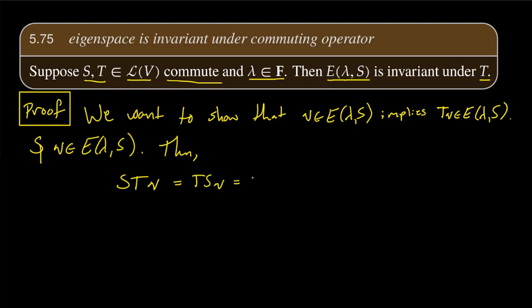Okay, but this is T(S(v)), just to be super clear, using some parentheses. But Sv, well, this is just T of lambda v, which is just lambda of Tv, which is, now notice, going to be in E(lambda, S).